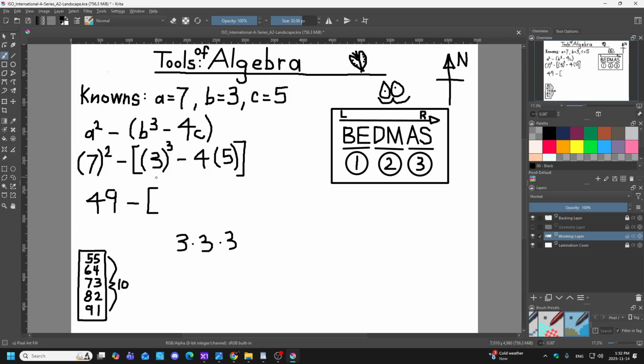It's whatever value is inside, that's what you're seeing here, being multiplied by itself 3 times. 1, 2, 3. Okay? I could do these in pairs. 3 times 3 is 9. We have one more 3 to do. 9 times 3 is 27. There's our answer.